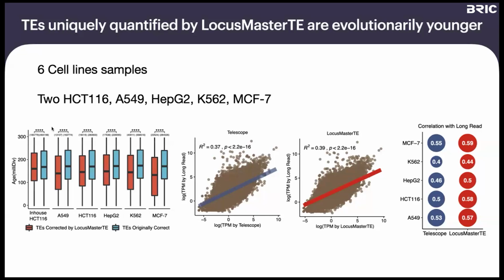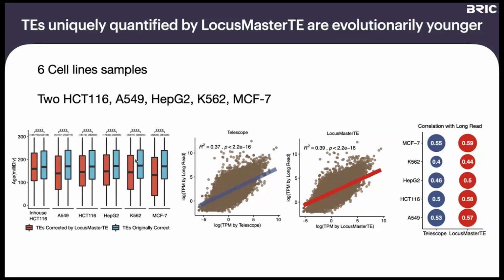We focus on TEs that show expression differences between LocusMasterTE and Telescope. And interestingly, these TEs are generally younger: the TEs that have different counts between LocusMasterTE and Telescope are much younger than the ones that do not have any changes between LocusMasterTE and Telescope.